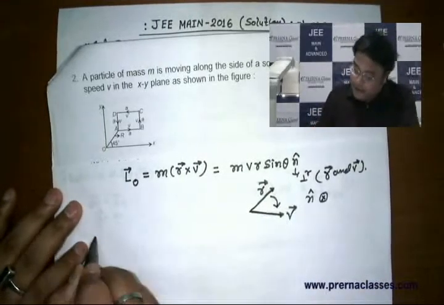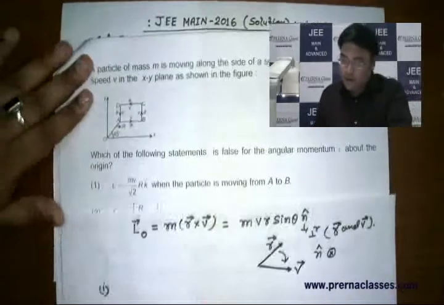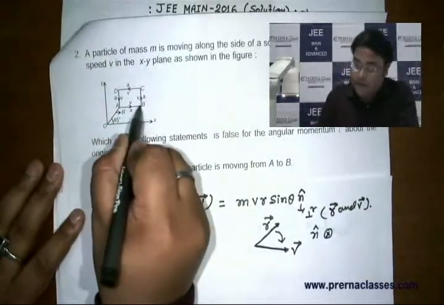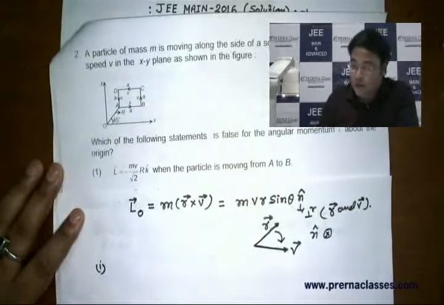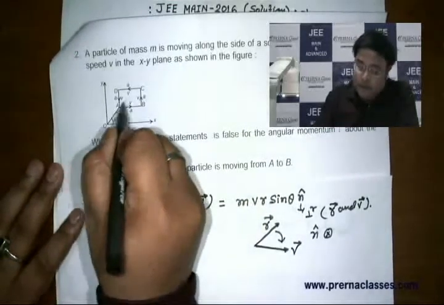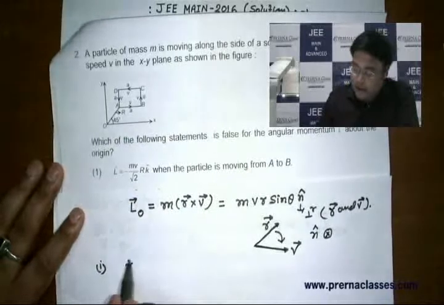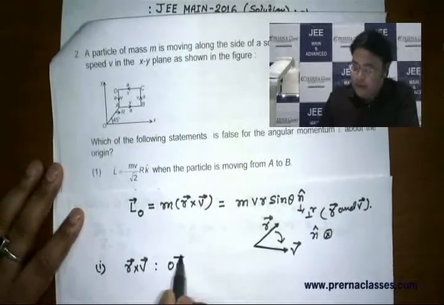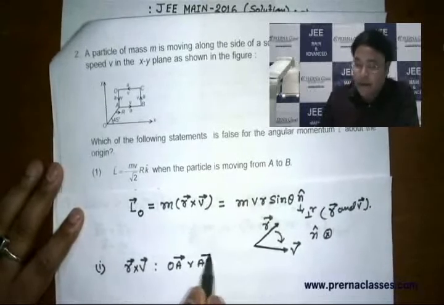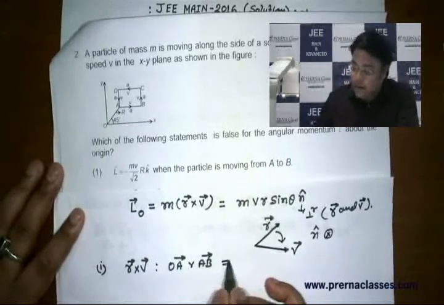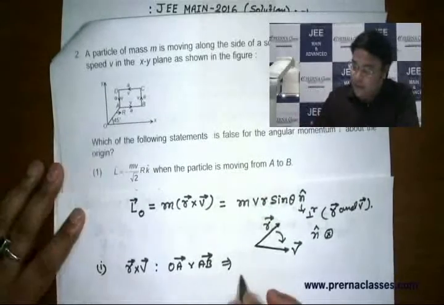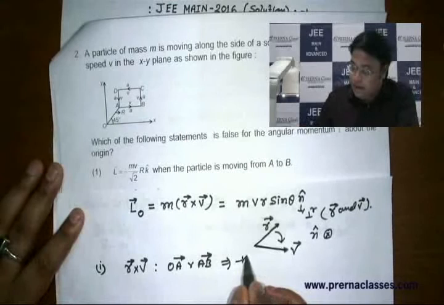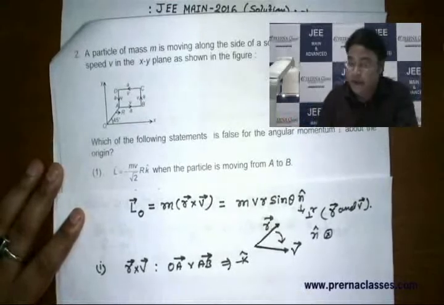Now in the first option, the particle is moving along A to B with velocity v, and you have to find out the angular momentum about O. So here if you perform r cross v, it is equivalent to OA cross AB. Clear? So that implies the direction of angular momentum here is into the plane, and into the plane here is the negative z axis.